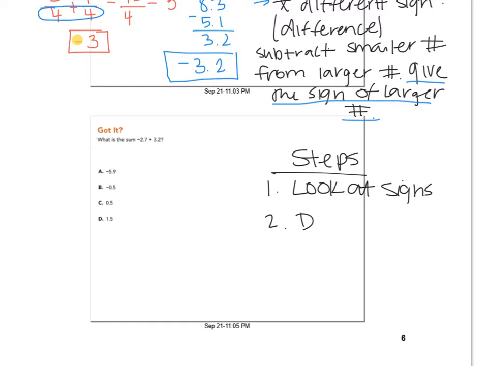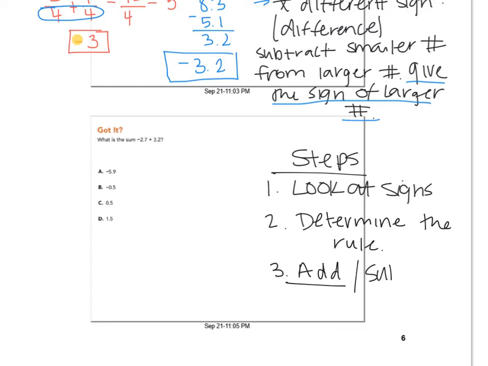So determine the rule. And then I want you to add the rational numbers. When I say add, that could mean also to subtract, because if the signs are different, then you have to find the difference.